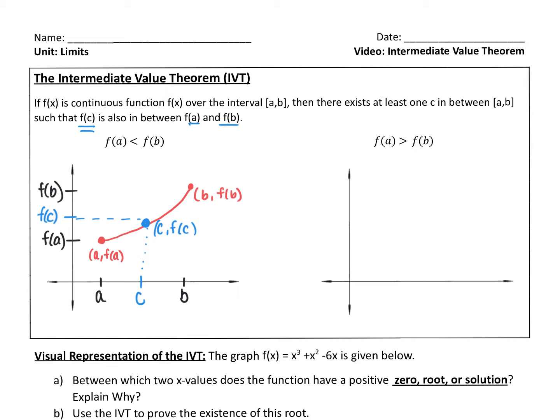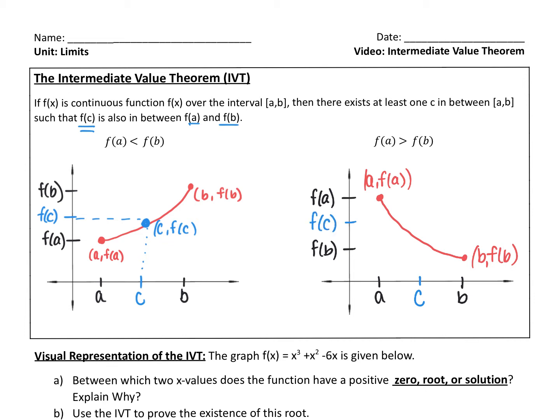Now this will also work when f of a is greater than f of b. Let's just say we still have that interval over a to b, but this time f of a is greater than f of b. If we connect the points, here is your first point, a comma f of a, and down here is another point, b comma f of b, and say I connected these two, there's still going to be a c value in between the two, such that f of c will be in between f of a and f of b.